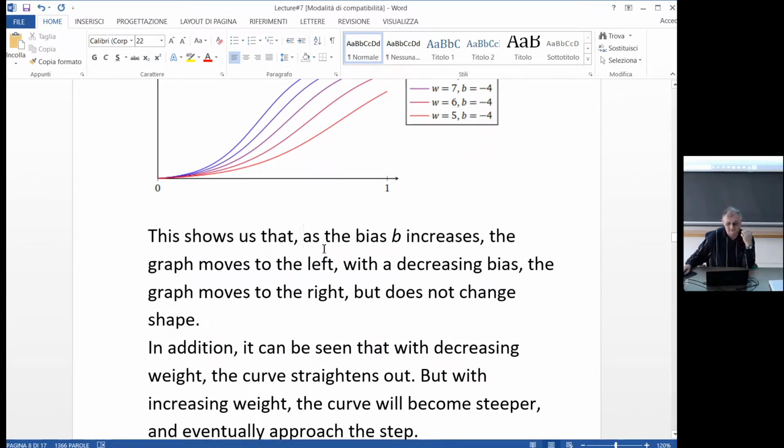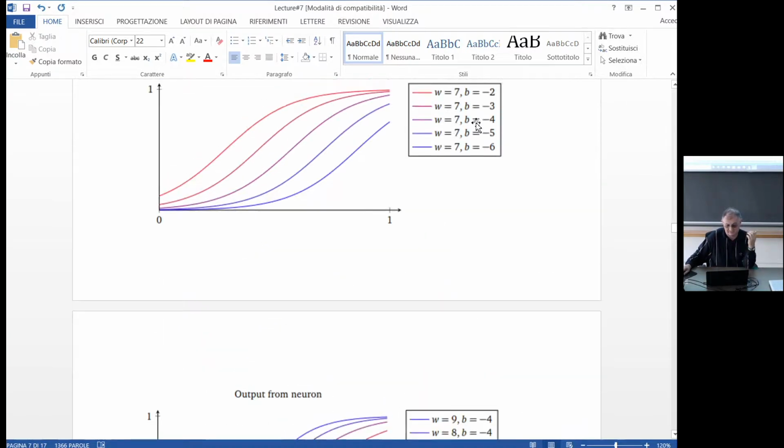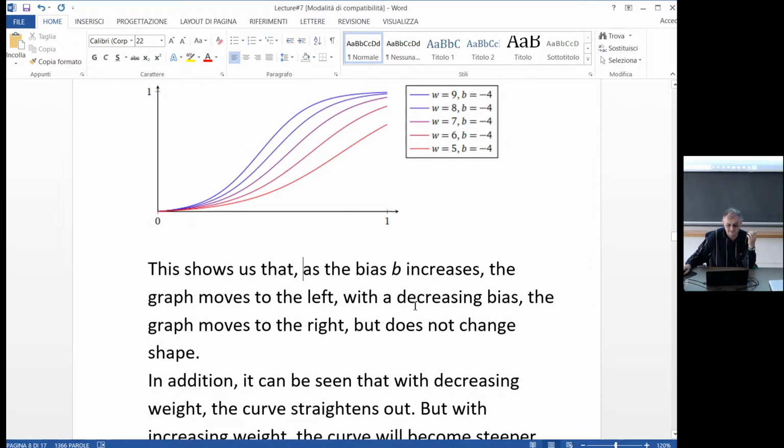As the bias increases, the graph moves to the left. If it decreases, the graph moves to the right, but doesn't change shape. The shape, the form, is the same; it only moves left or right.